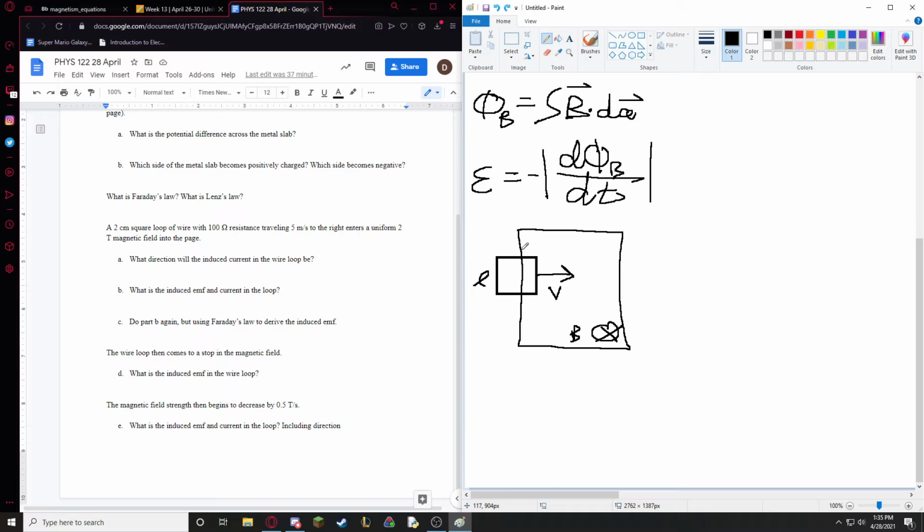All good. So then that just leaves the right side. And now it'd just be VBL. Exactly. So our EMF is equal to VBL. And so then what would be our induced current in the wire?